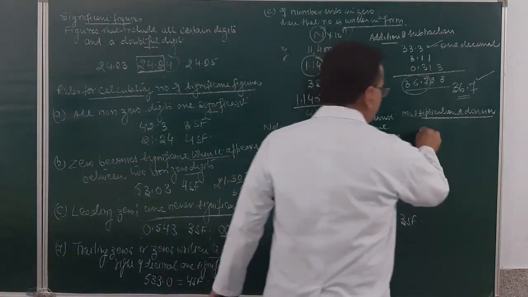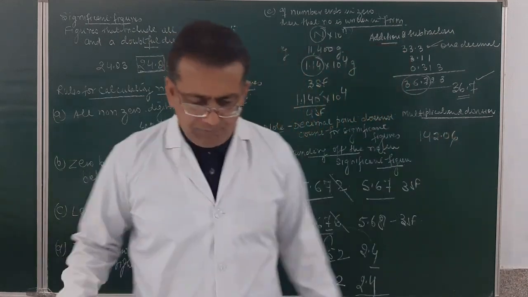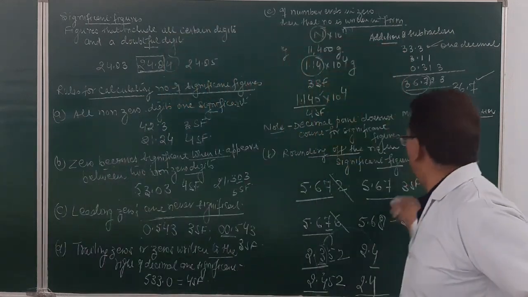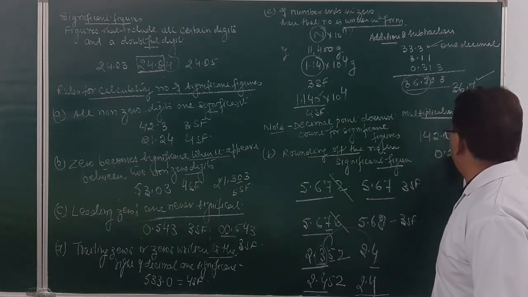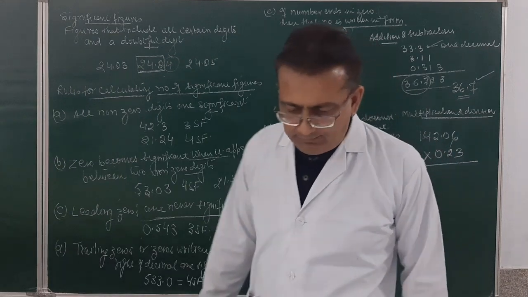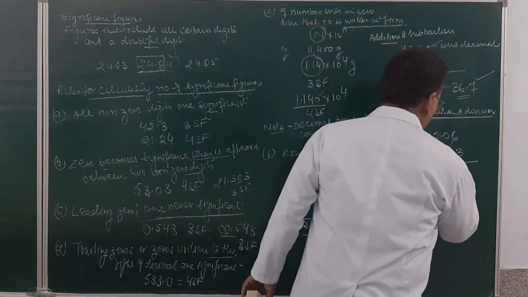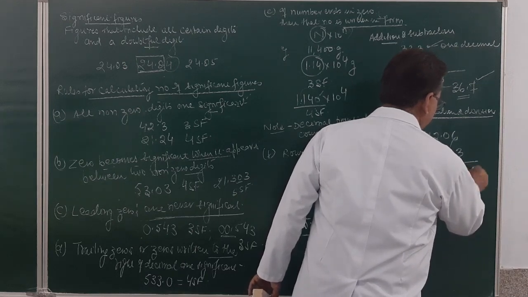Suppose I have got the number 142.06 and this is multiplied by the number 0.23, and on multiplication the answer comes to be equal to 32.6738.